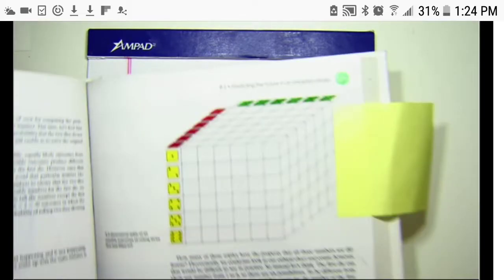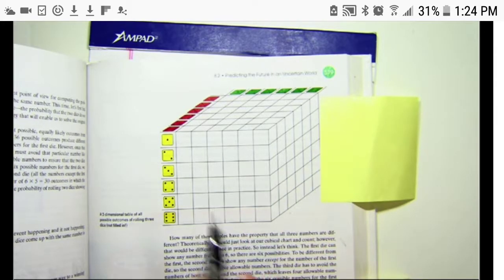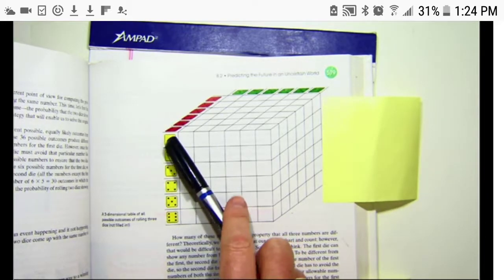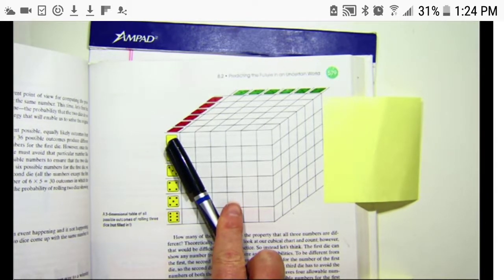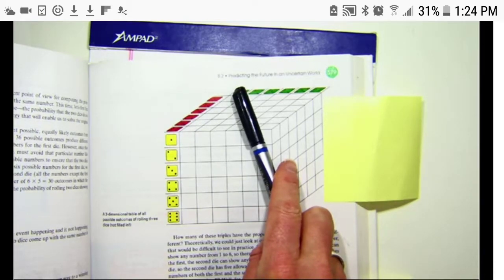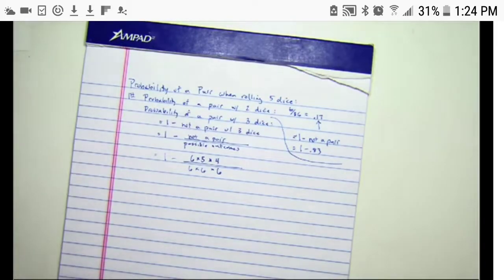So these are all the possible outcomes that are not going to be containing a pair. So if you have a yellow 1, then you can't have a red 1. You have to have one of the other 5 numbers. And you can't have a green 1. And in fact, the green dice can't be what the red dice was either. So the green dice only has 4 options.